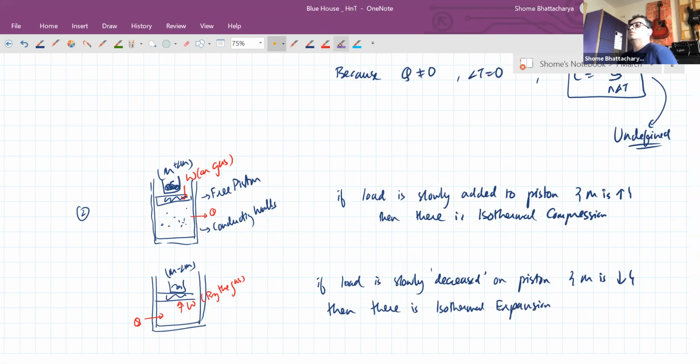So this is how we would practically achieve isothermal expansion or isothermal compression in a laboratory kind of method.